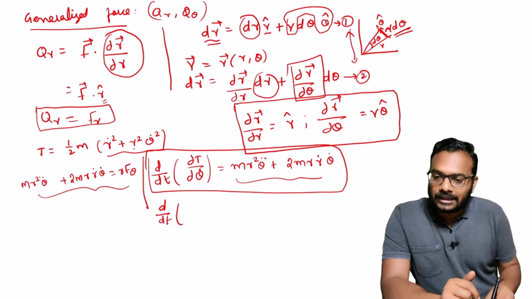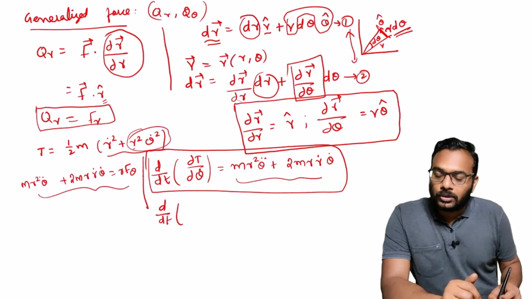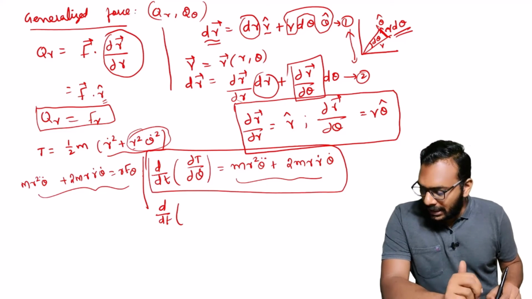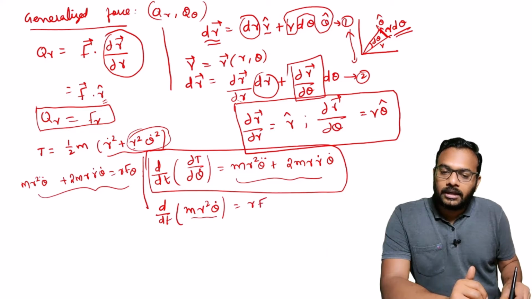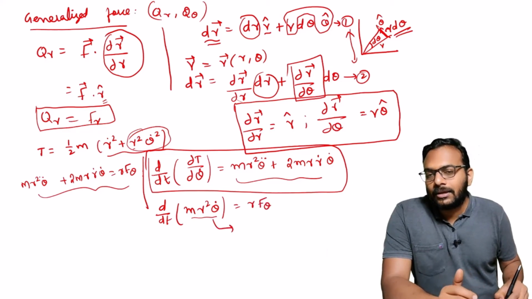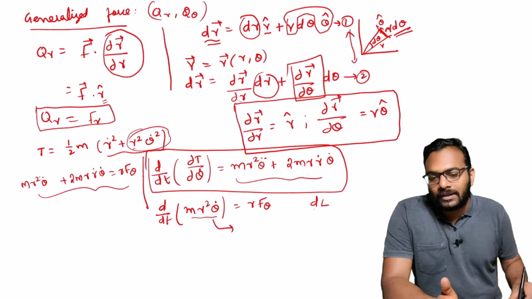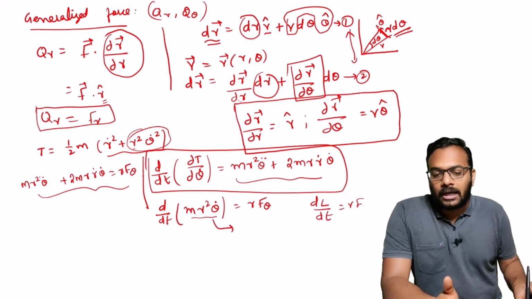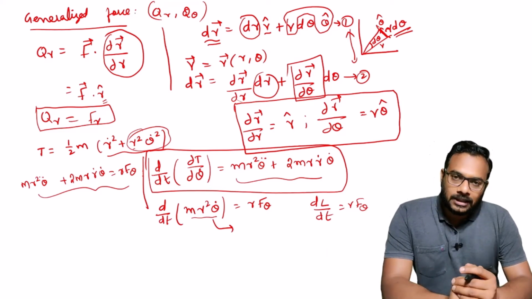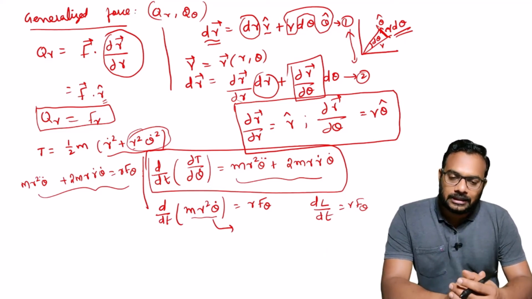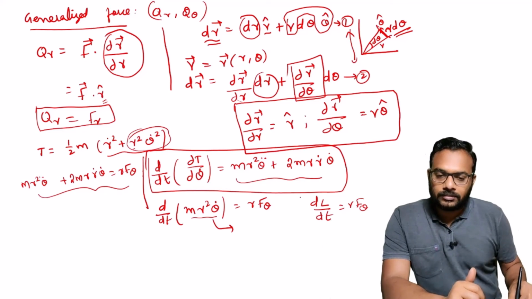It acts only on this term, ∂T by ∂theta dot, that would be m r square theta dot, is equal to r F theta. You will notice that this is the angular momentum L. So the equation that we have here is dL by dt is equal to r F theta. The rate of change of angular momentum is equal to the torque acting on the system, the external torque on the system.